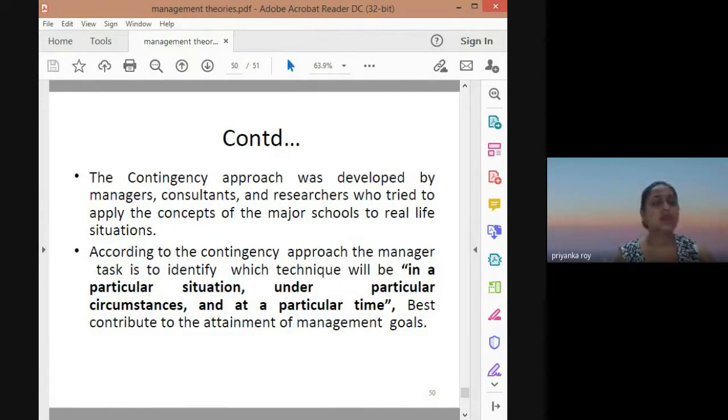Fiedler suggested that a leader's traits will directly relate to how effectively they lead their team. He asserts that the leader must be flexible to adapt to a changing environment.